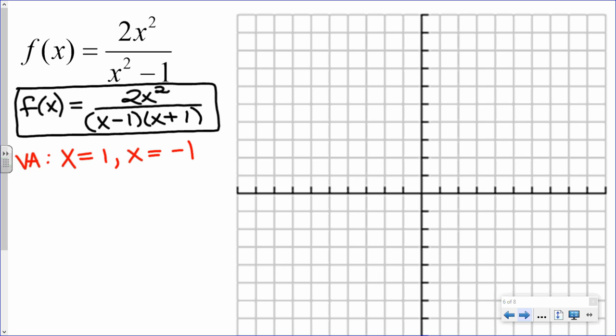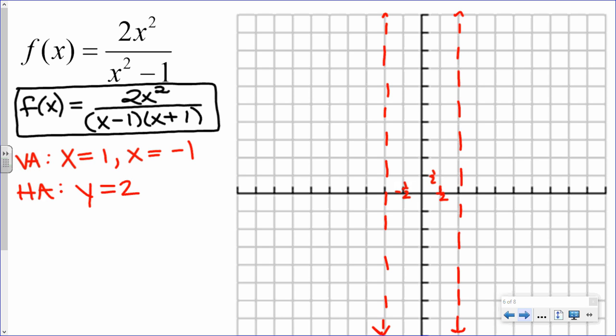Now, I'm going to go ahead and count by 1/2, just so we can get everything to fit on here, okay? Okay, Marissa, how about you help me out with the horizontal asymptote? Is it y equals 2, she asks.